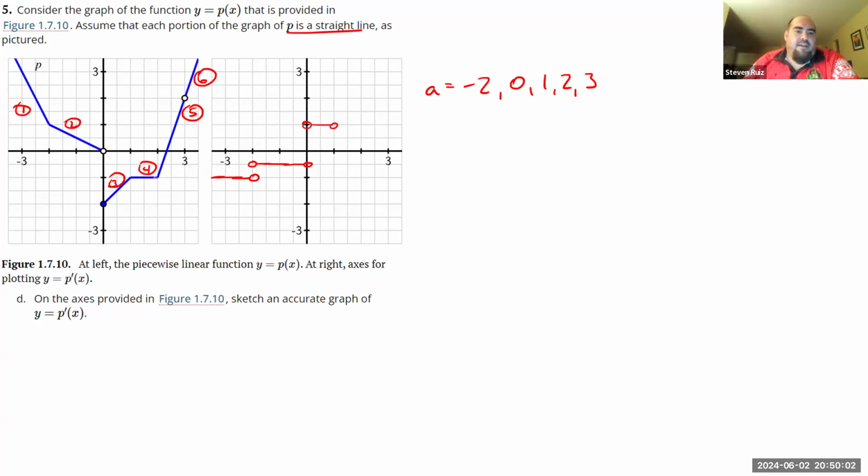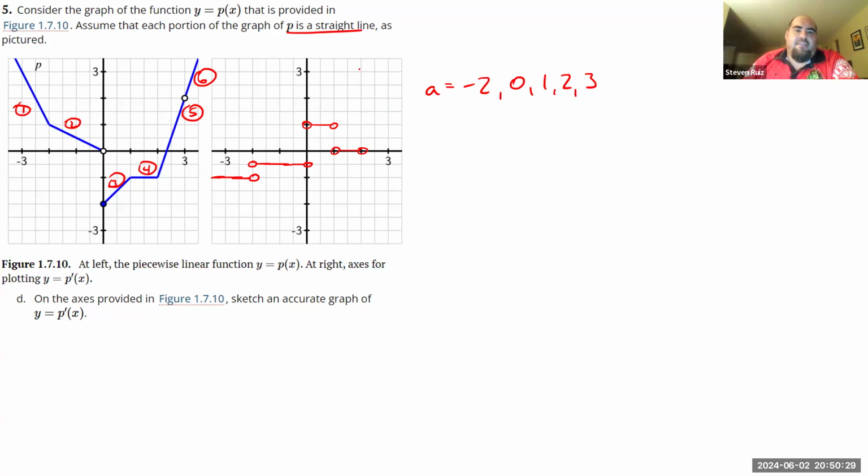And then line segment 4, between x equals 1 and x equals 2, we have a horizontal line. So what's that slope? That slope is 0. And then finally, our last slope here looks pretty steep. It looks like it goes up 1, 2, 3, goes up 3 units and right 1. So I believe that our slope is 3.